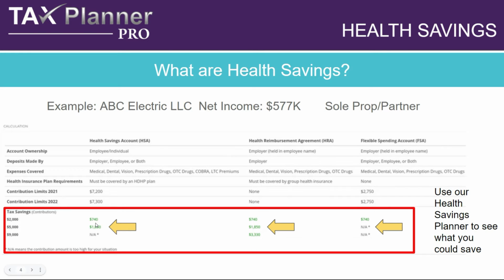At the $2,000 level, it's always going to be 740, 740, 740, meaning for this example, contributing $2,000 to any of these accounts is going to save you the same amount in tax because the attributes of the deduction are the same. However, the contribution limits for 21 and 22 are different for each of them. The requirements of how they're funded, who owns them, are different. So this is going over different options you may have and different scenarios that your employees could have if you wanted to use these.